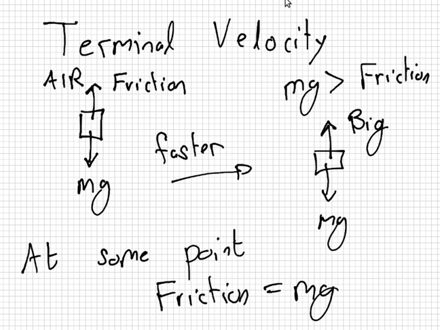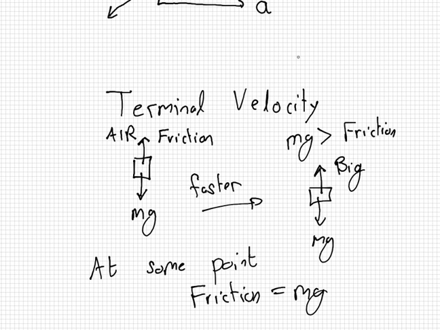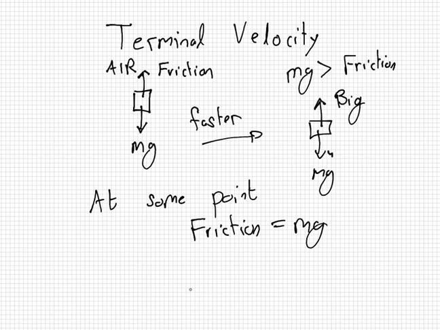I'll show you this in a graph. Here, this is time and this is velocity. Somebody jumps out of a plane. What's their velocity? It's 0. And then as they fall, they get faster.